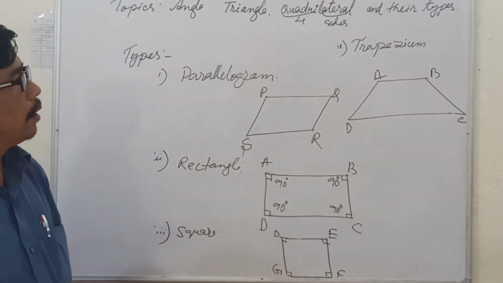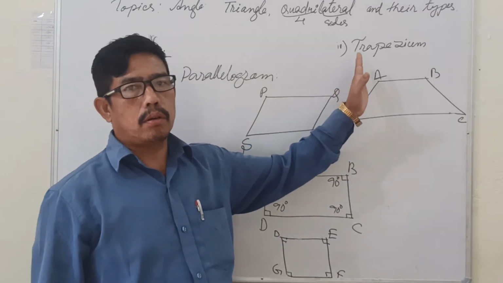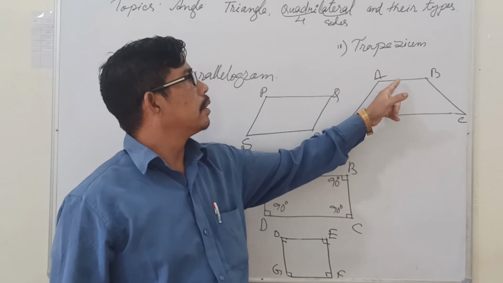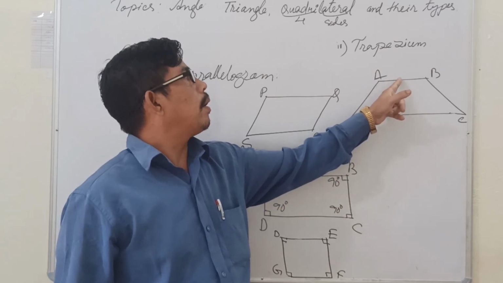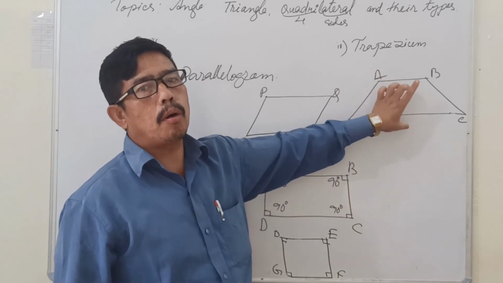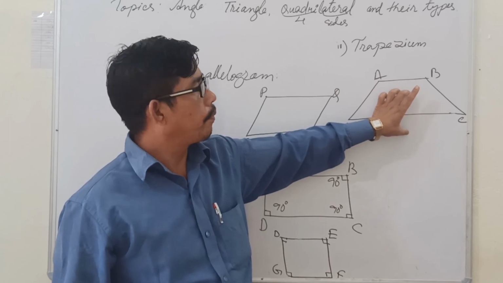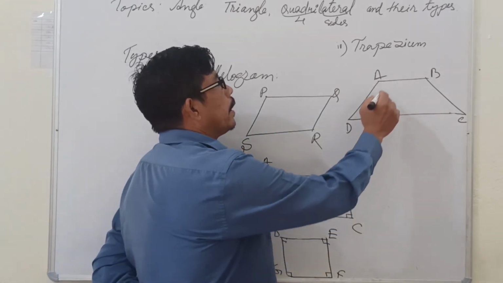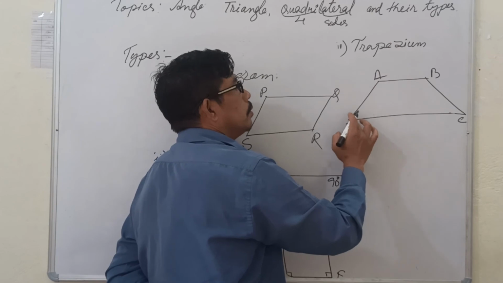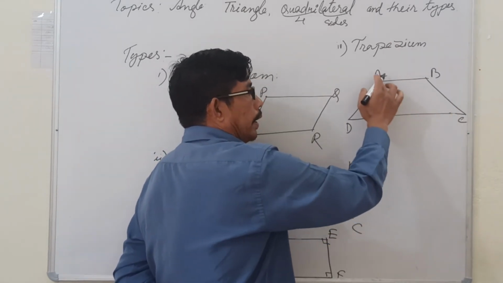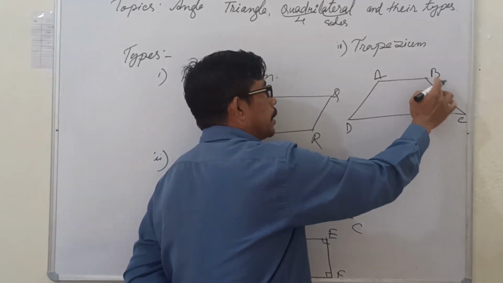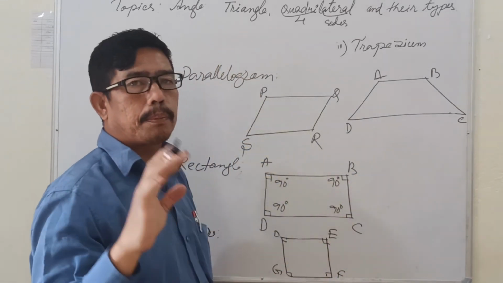Trapezium. A trapezium is a quadrilateral in which one pair of opposite sides is parallel. Here AB is parallel to DC. Whether AD is parallel to BC or not does not matter.